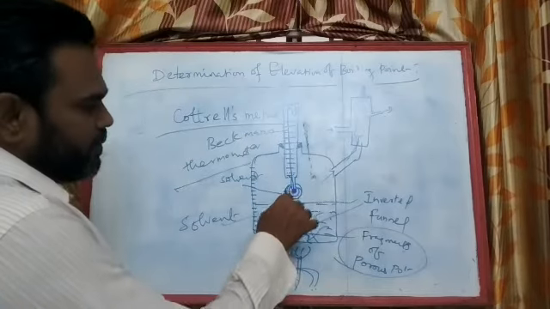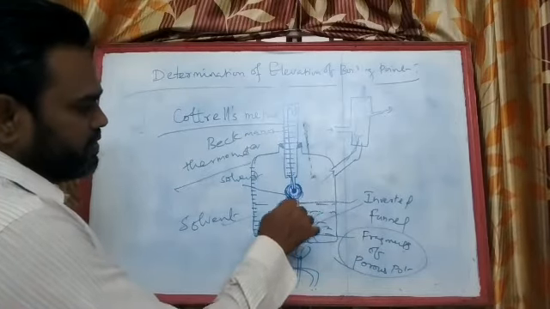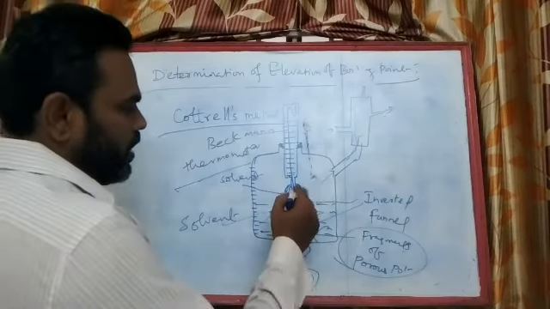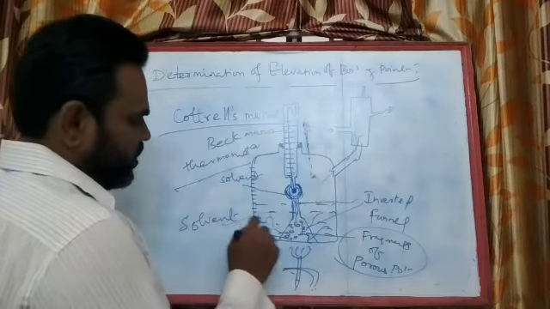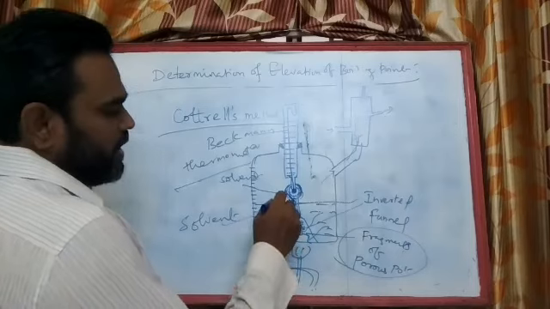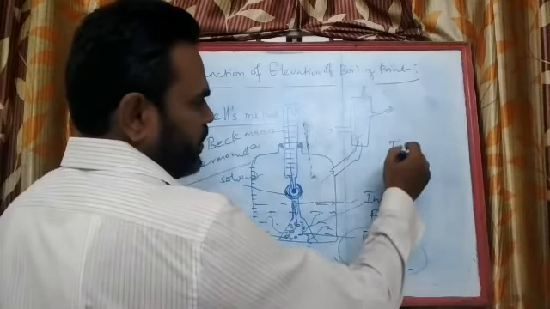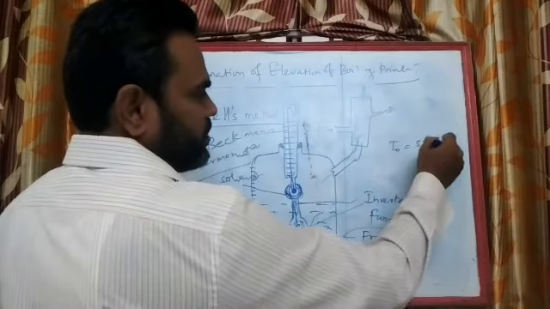The thermometer end is immersed in the solvent. Once the heated solvent passes through this and heats this solution, the temperature should be noted as T0 for a solvent.